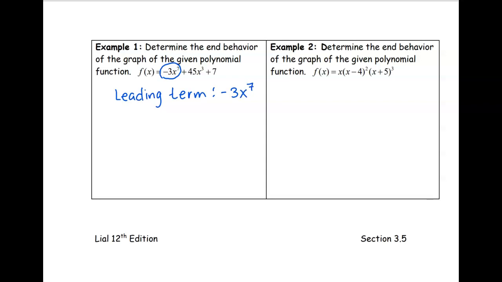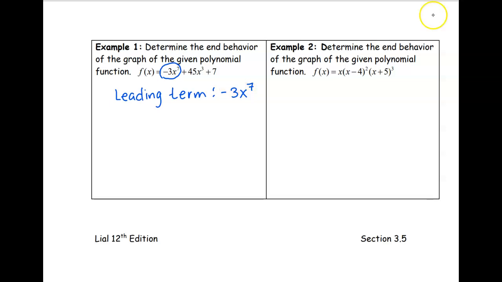Now, in the leading term, the coefficient here is negative 3, so that is less than 0. And the exponent here is positive 7, which is odd.